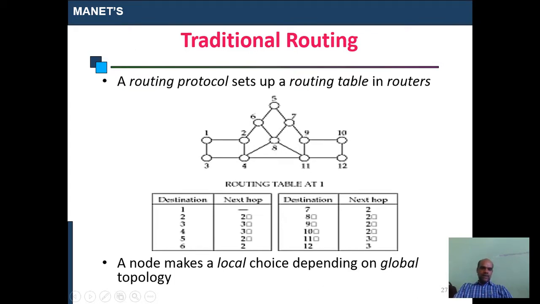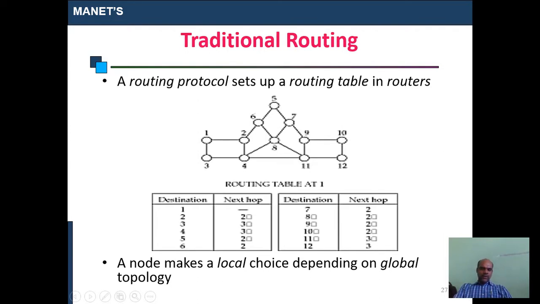I will take the next hop as 3, and for 5 the next hop is 2, for 6 also 2, for 7 also 2, for 8 the next hop is 4, for 9 like this. For every destination node we check what the next hop is. This was the routing table maintained at each and every node.